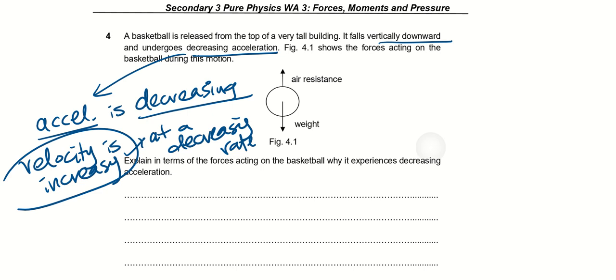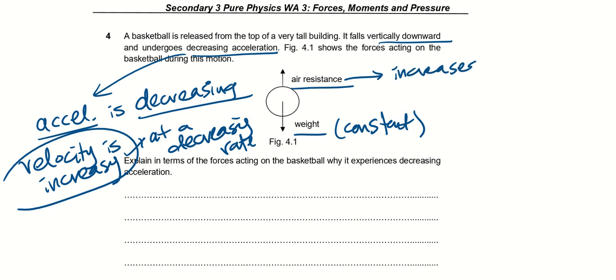Now, forces acting on this basketball are air resistance and weight. Okay, the weight is constant, but air resistance increases as speed increases, right? So, explain in terms of the forces acting on the basketball why it experiences decreasing acceleration.